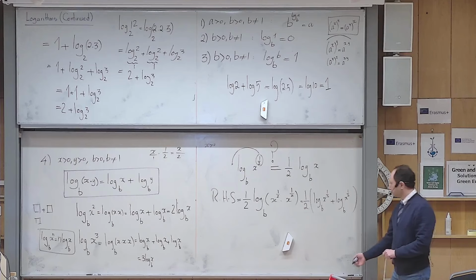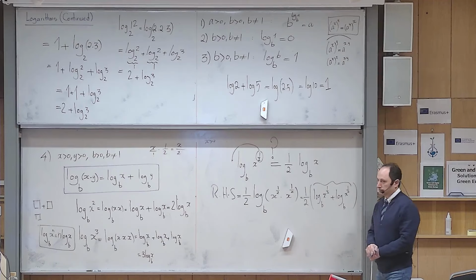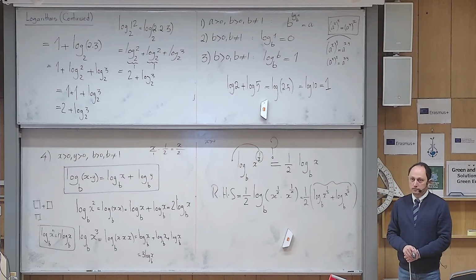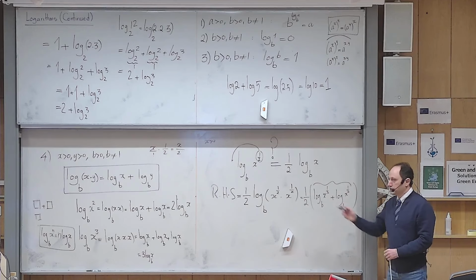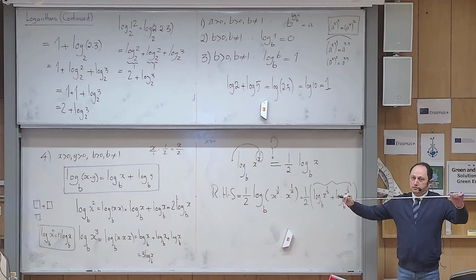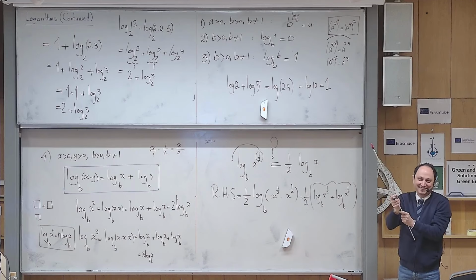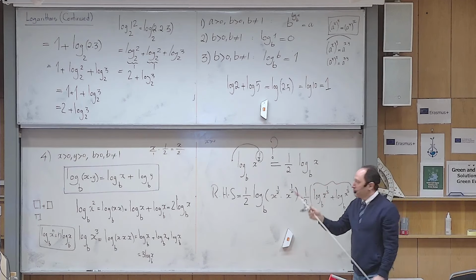Okay? Now, what can I write for this one? Log x. No, what can I write for this one? 2 log x. Oh, 2 is 1 box plus box.